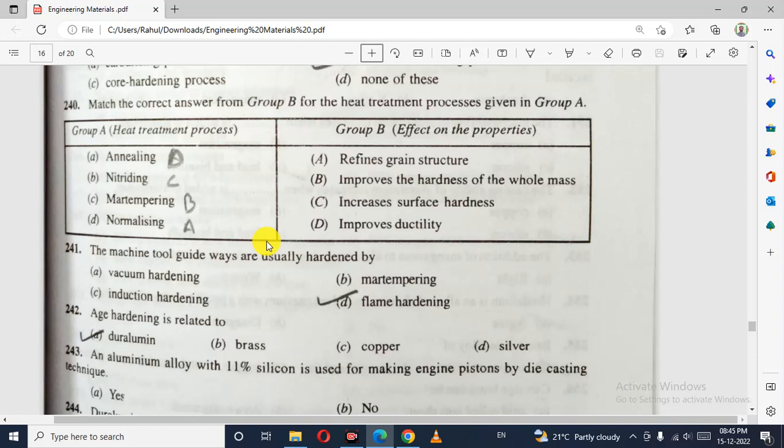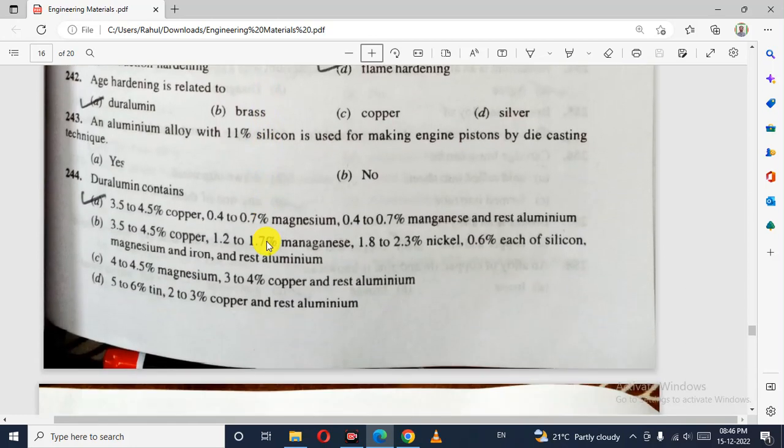The machine tool guide ways are usually hardened by flame hardening. Age hardening is related to duralumin. Duralumin contains 3.5 to 4.5% copper, 0.4 to 0.7% magnesium, 0.4 to 0.7% manganese, and the rest aluminium.